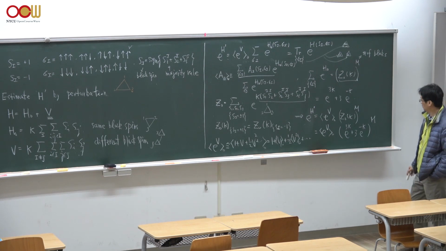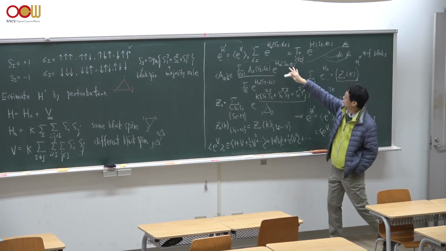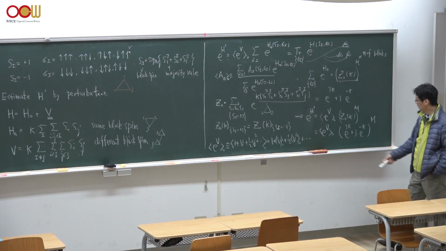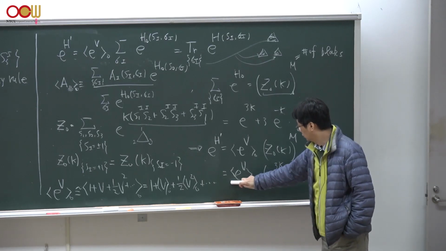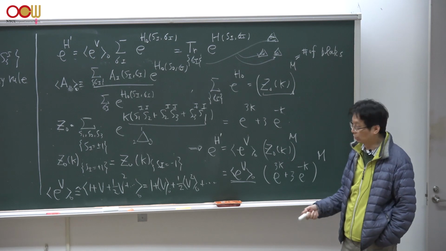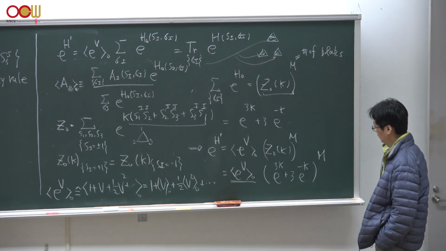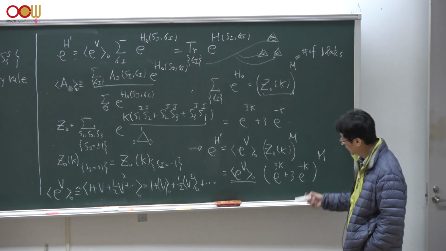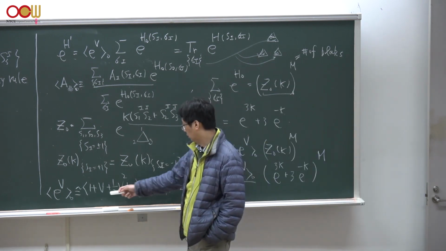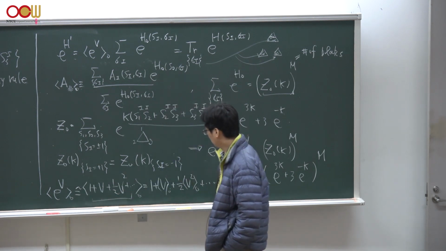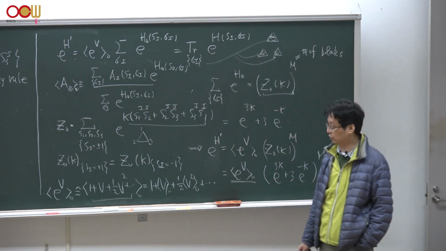Therefore, you could easily estimate the partial trace over each individual block, and the remaining job is to estimate this thermal average with respect to the zeroth order Hamiltonian of this e^V term, which we could Taylor expand as 1 plus V plus 1/2 of V squared plus the higher order terms.